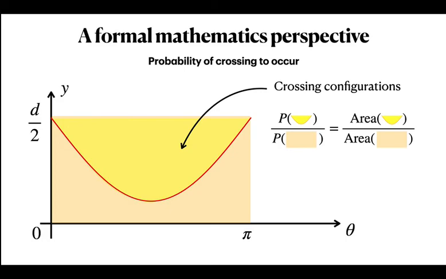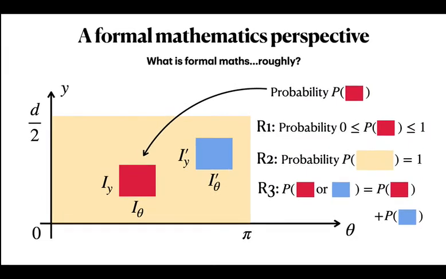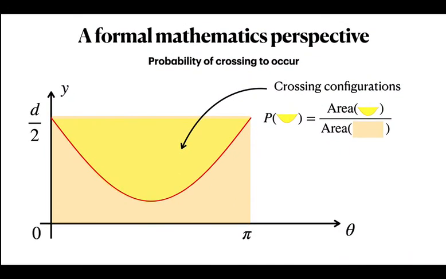But that's where this becomes a smart trick, because if you remember, when we looked at the Kolmogorov axioms, axiom number 2 states that the probability of this beige rectangle is equal to 1. So in the end, we get that the probability for a configuration to be in this yellow domain is equal to the ratio of the corresponding areas, so its area over the area of the beige rectangle.